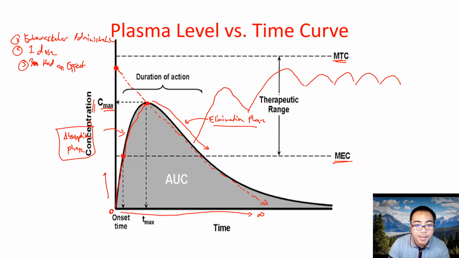Okay, meaning elimination phase, class, is the combination of both metabolism and excretion. So the drug is being metabolized and excreted at the same time. Kasi one of the requirements for a drug to be excreted, it must first be biotransformed. Pero there are drugs, class, that can be eliminated in their unchanged states. Just so you know, they can just undergo renal excretion agad.